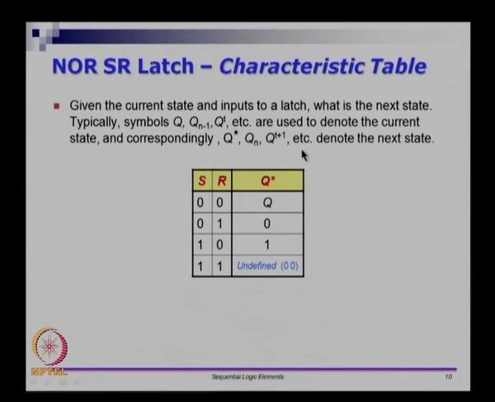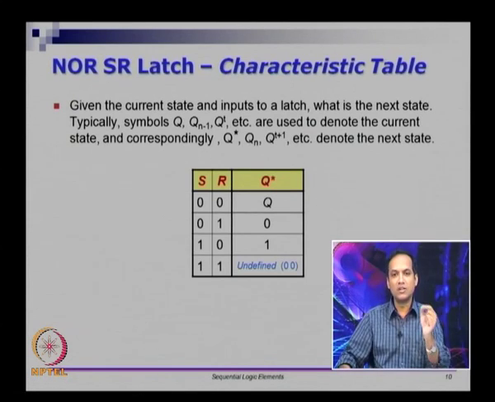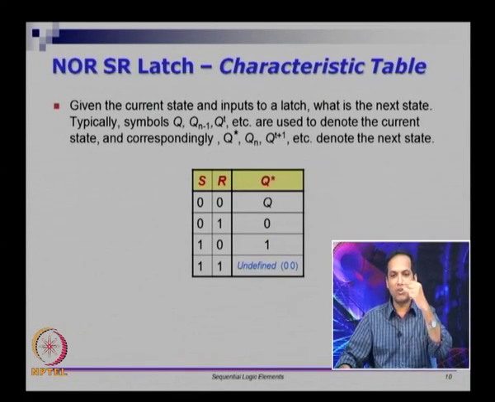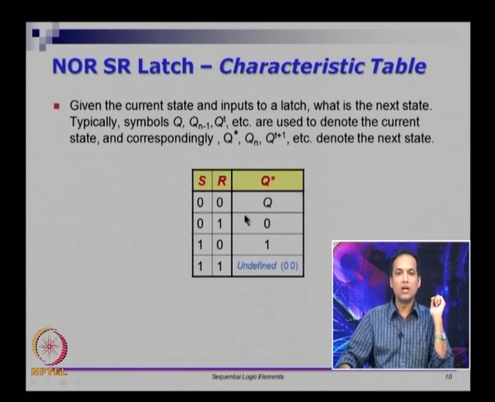So from time t to t plus 1 is going from current to the future, and then t plus 1 to t plus 2 is again from that current to its future and so on. We will use these notations, either Q star, Qn minus 1 and Qn, or Qt and Qt plus 1.